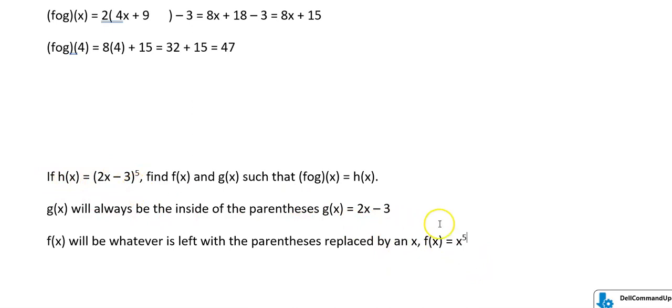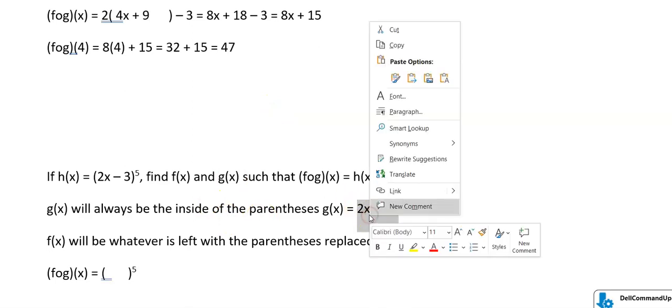In fact, we could easily check ourselves by composing what we had back together again. So notice, if I went and did f composed with g from what I determined was f and determined was g, well, if I put parentheses into this f, so I'd have parentheses to the 5th, and then I took my g and I dropped it into the parentheses.